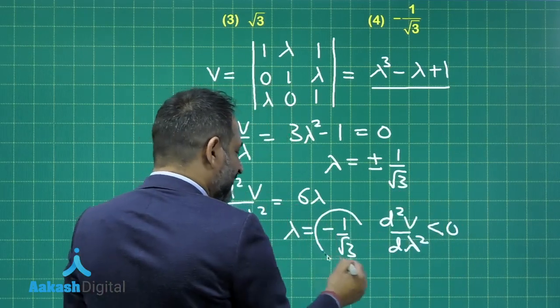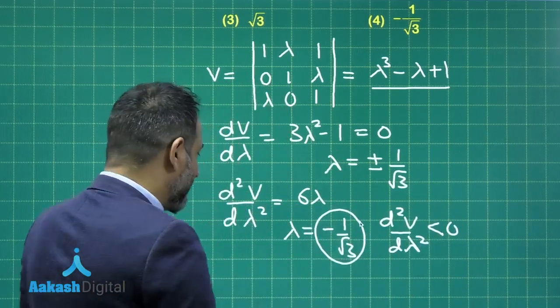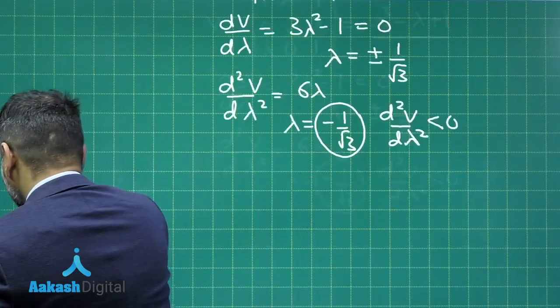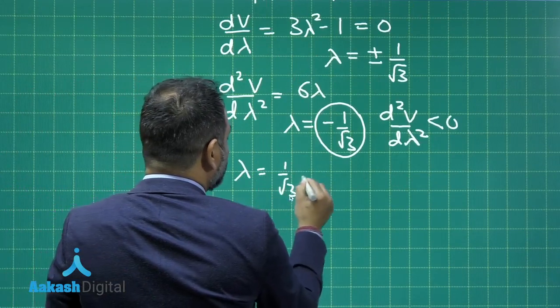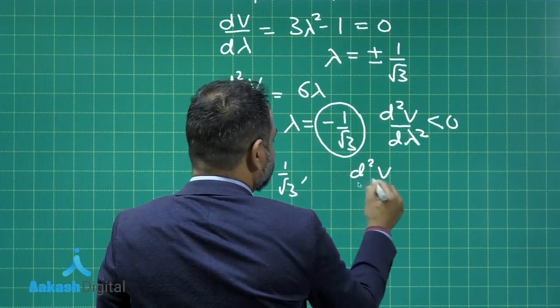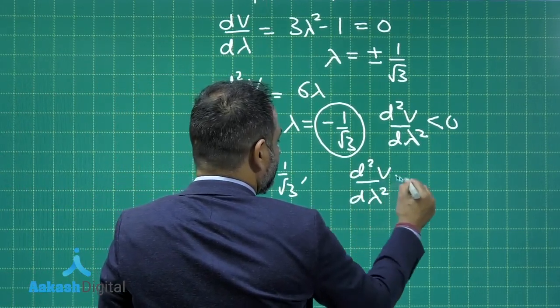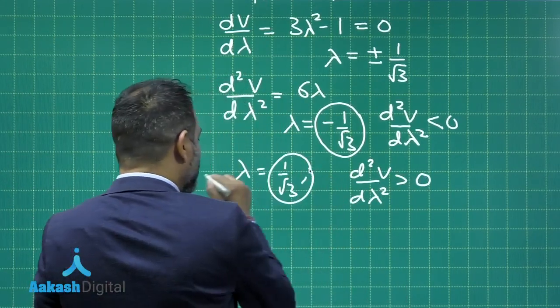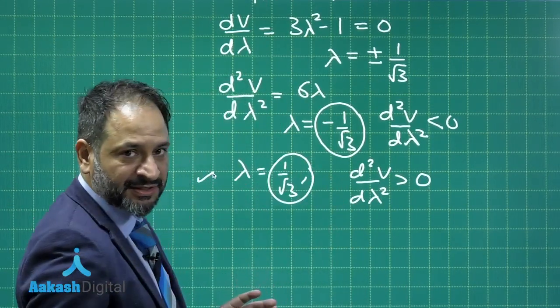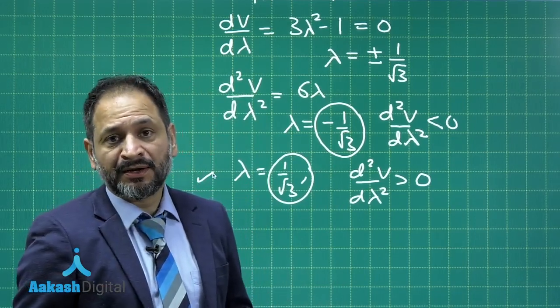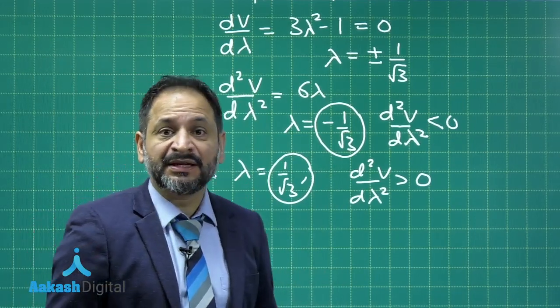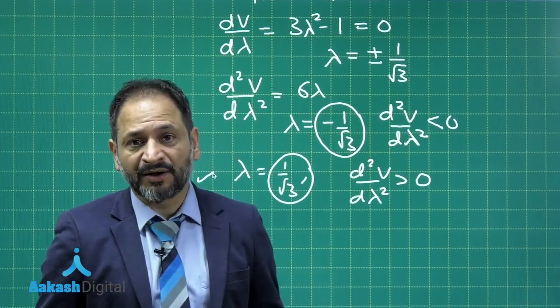That means at this point you will get the maximum value. And if you check at lambda equal to 1 upon root 3, the double derivative is positive. So this is the point of minima. Now, there is a problem here, which we are going to see with the help of a graph.